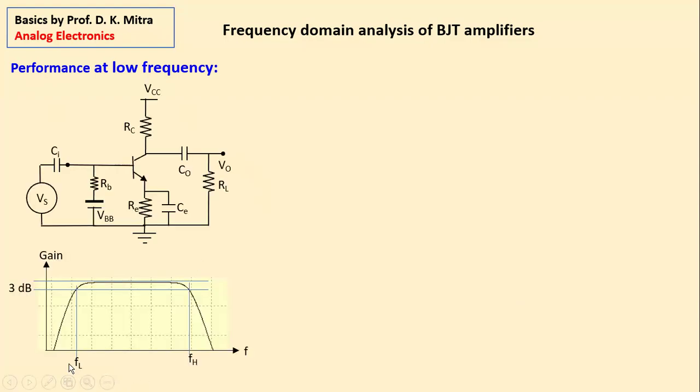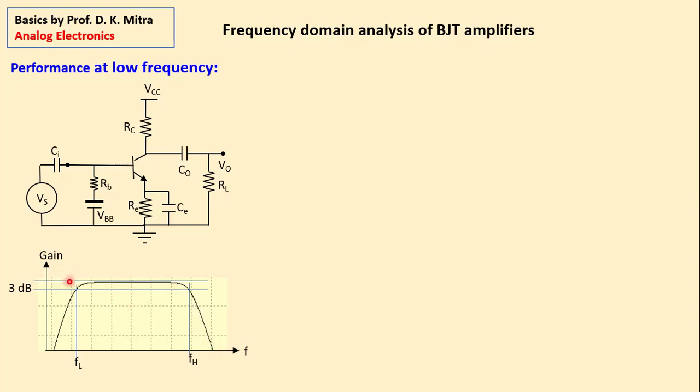And here we have a common-emitter amplifier. This picture we have seen many times, and this is its Bode plot or frequency versus gain plot. This also I have shown you with simulation, with much software simulation.